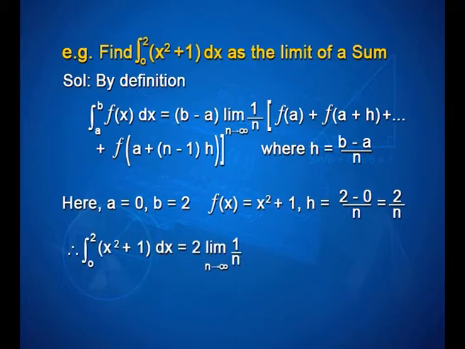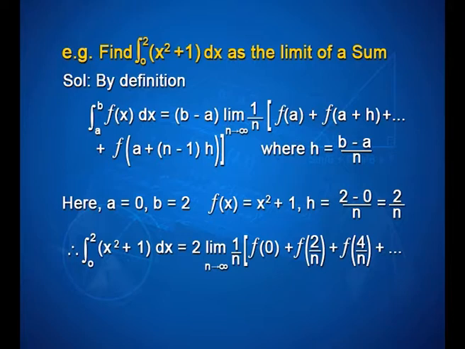Therefore, integral 0 to 2 of (x square plus 1) dx is equal to 2 into limit n tends to infinity 1 upon n into [f of 0 plus f of 2 upon n plus f of 4 upon n and so on, plus f of 2(n minus 1) upon n].